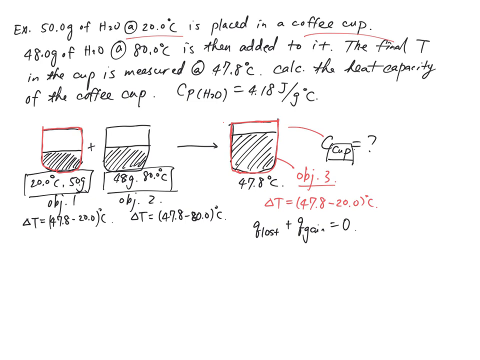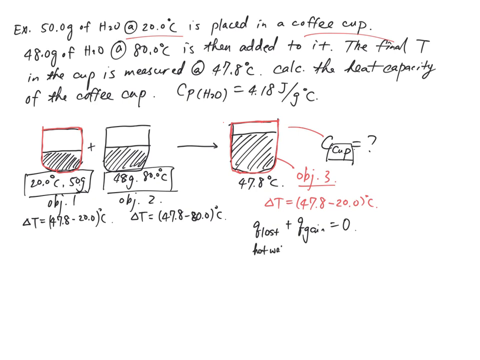You only have 2 different scenarios in the equation: any object in the system either loses heat or gains heat. But do you have to limit yourself to one thing losing heat or one thing gaining heat? No. For our situation, let's see who's losing heat.